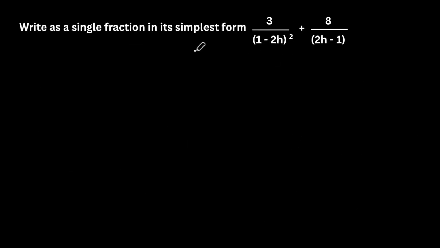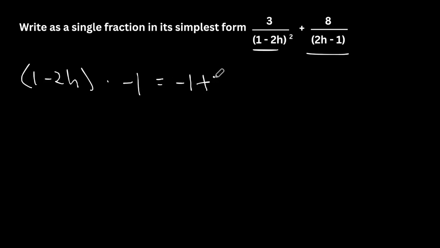All right, let's try to write this as a single fraction in its simplest form. 3 over (1 minus 2h) squared plus 8 over 2h minus 1. Okay, so let's take a look at this. The denominators actually look really similar. 1 minus 2h, if you multiply it by -1, you actually get -1 plus 2h, which is the same as 2h minus 1.